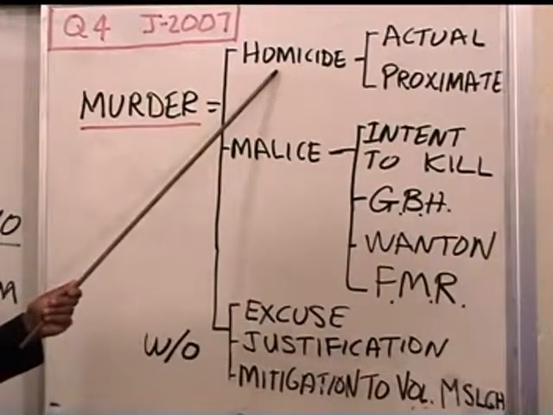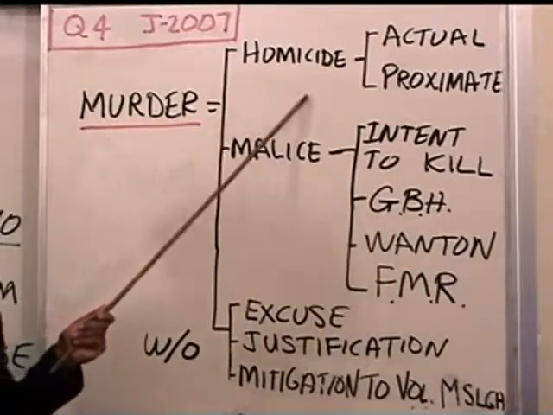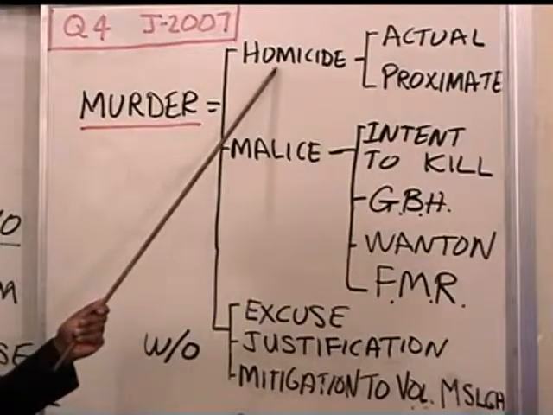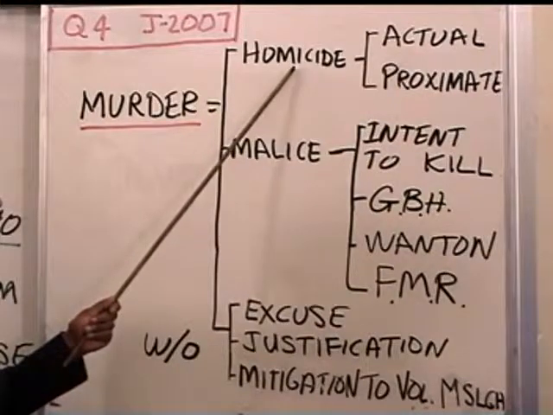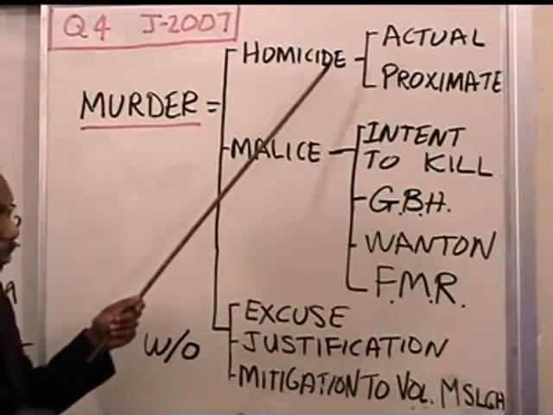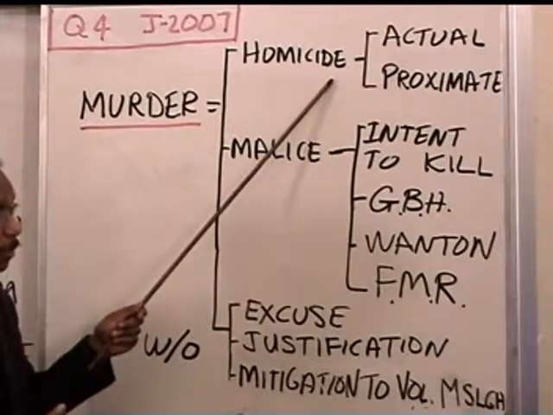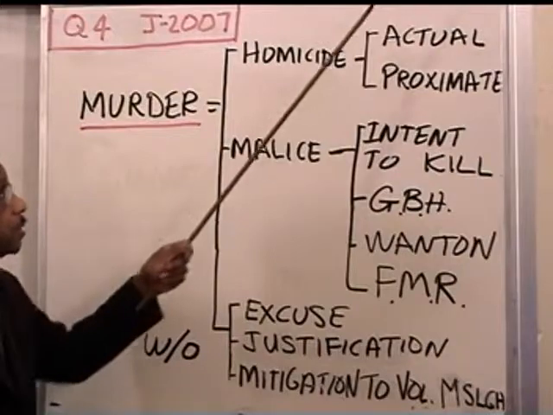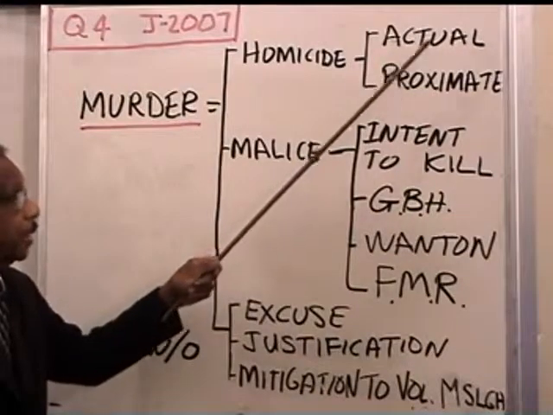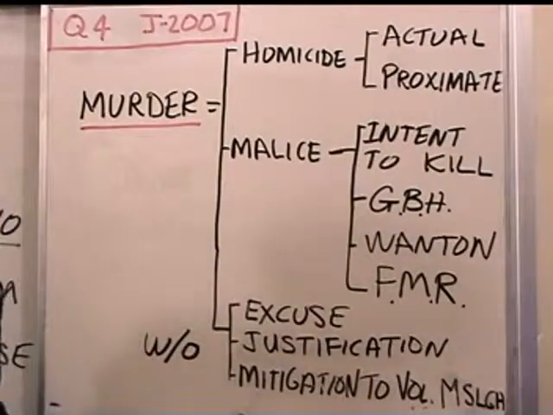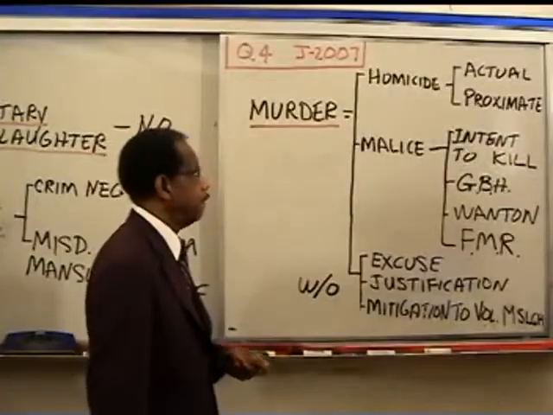Homicide, definition: killing of one person by another. But what we mean technically is that whatever the defendant did, the conduct of the defendant must have been the actual and proximate cause of the death of the decedent, whoever died.